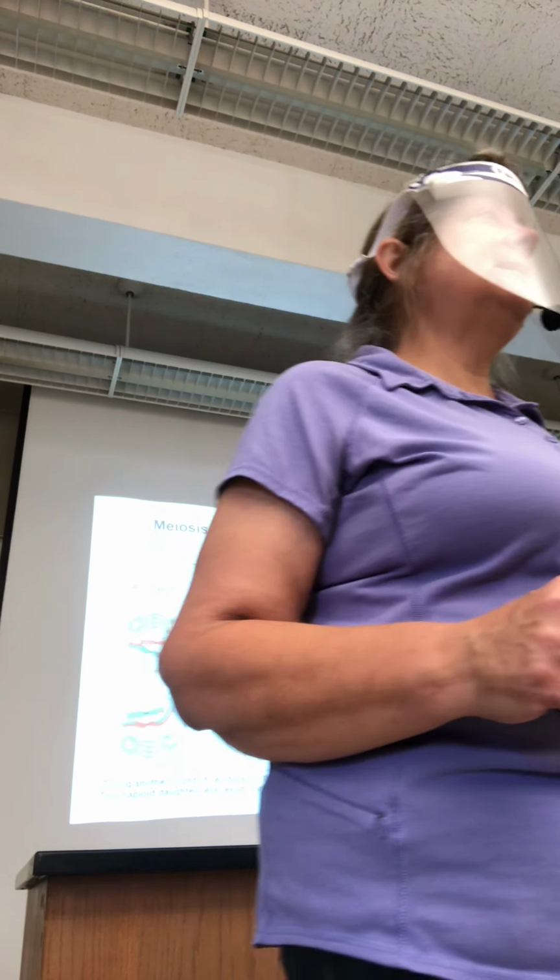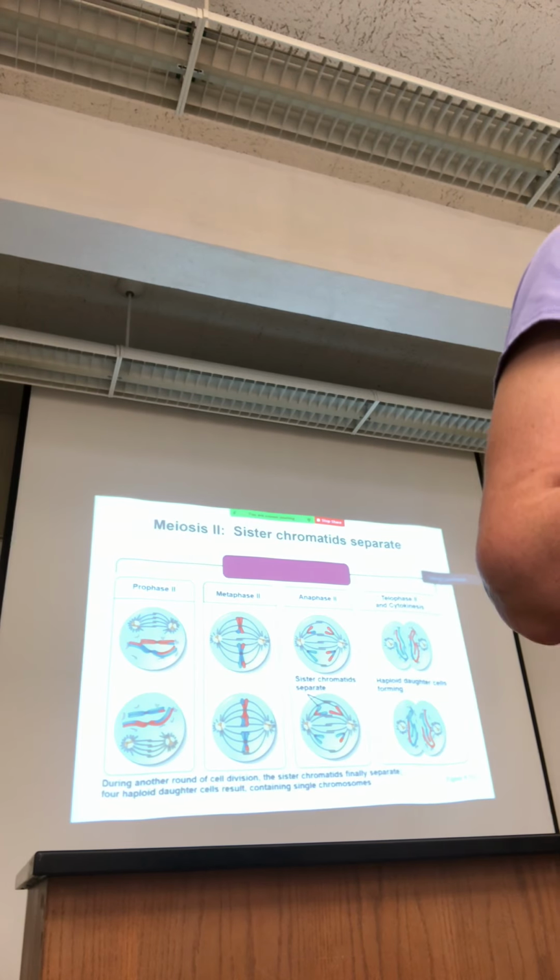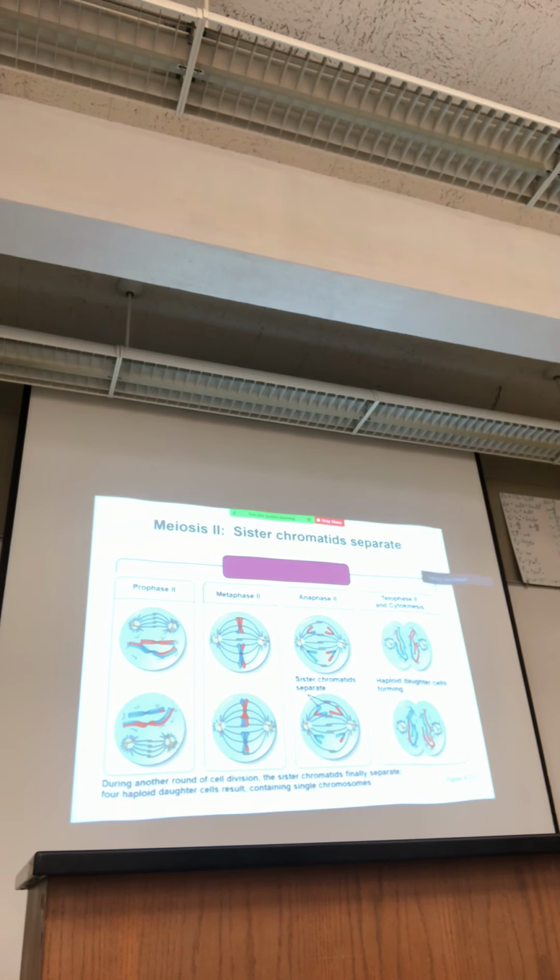Okay, let me say that again. In anaphase 1, homologous chromosomes separate. In anaphase 2, sister chromatids separate. So if you had a test question that said, when do sister chromatids separate?